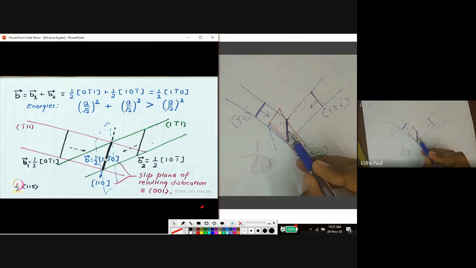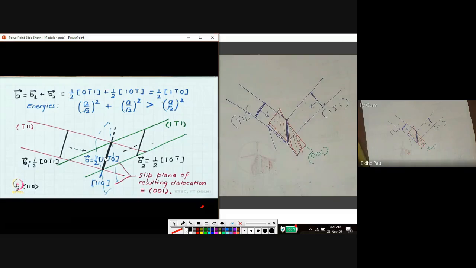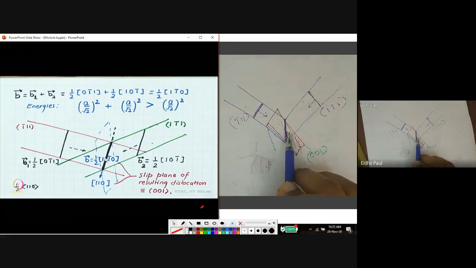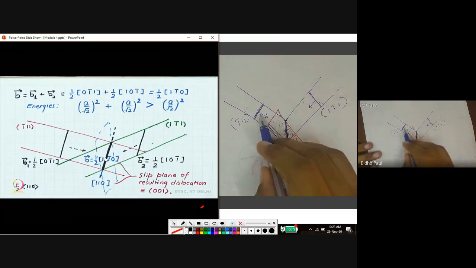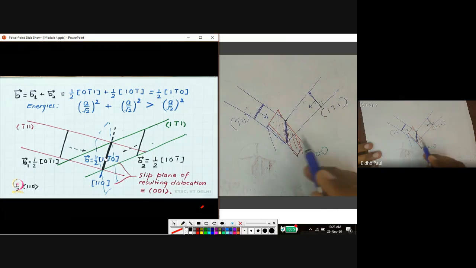So this final dislocation cannot move further. Thereby, by the interaction of these two dislocations, an immovable dislocation is produced.